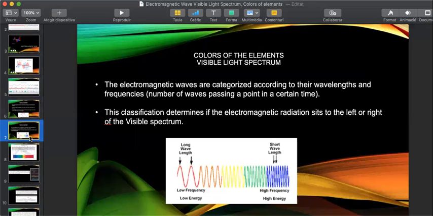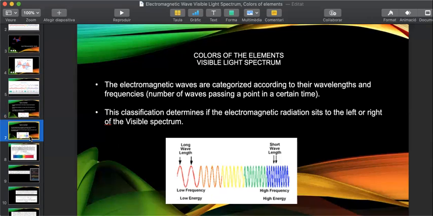So the electromagnetic waves are categorized according to their wavelength and frequency. The classification determines if the electromagnetic radiation sits to the left or right of the visible spectrum. And this is very important.